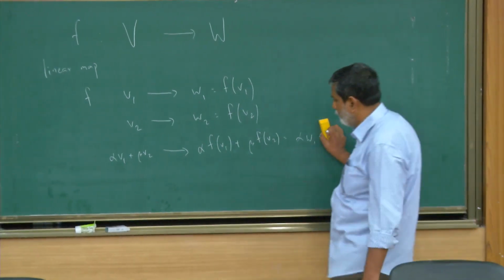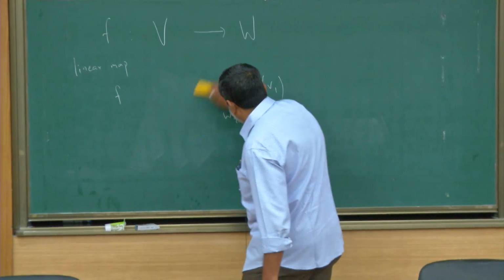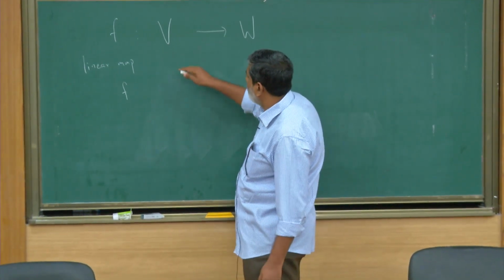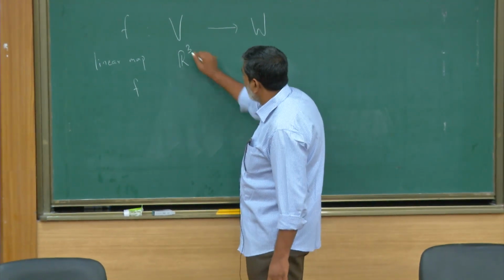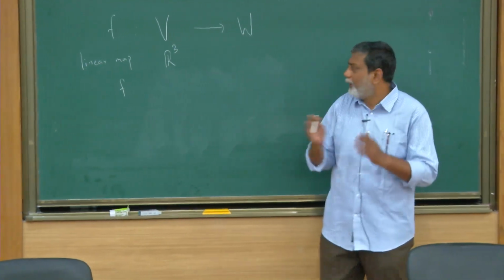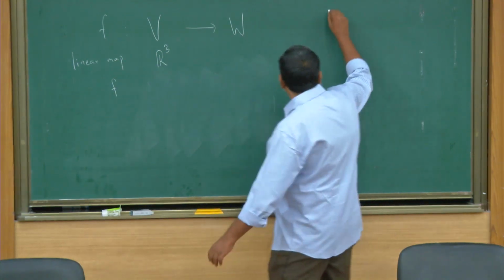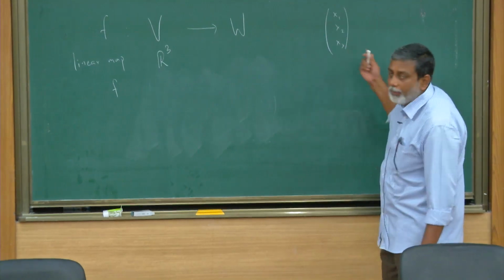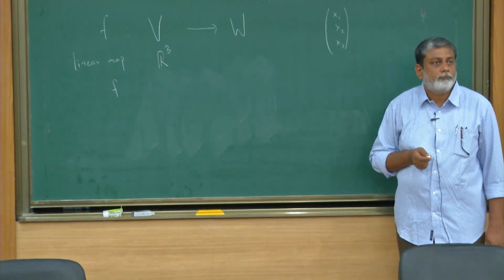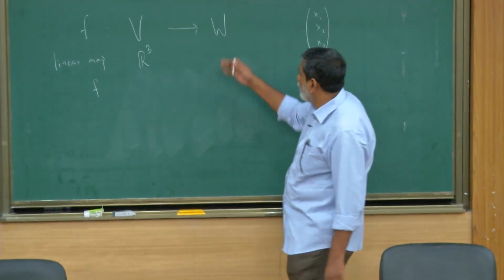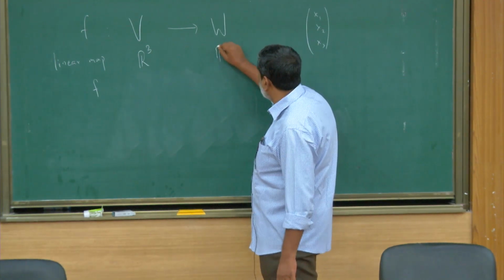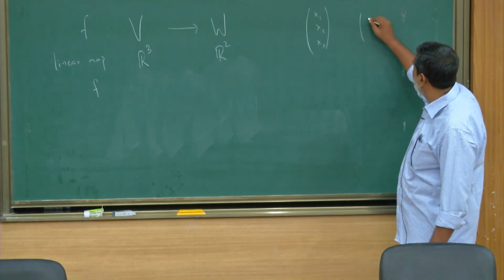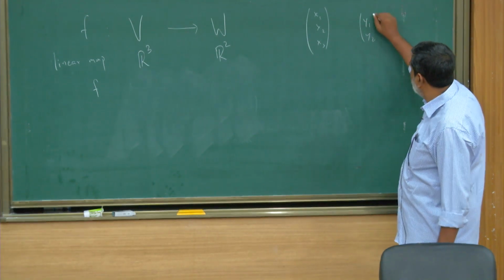For example, let me take this V to be the space R cubed, by which I mean a 3-tuple of real numbers. Let W be another vector space, let's say R squared, by which I mean a tuple of 2 numbers.